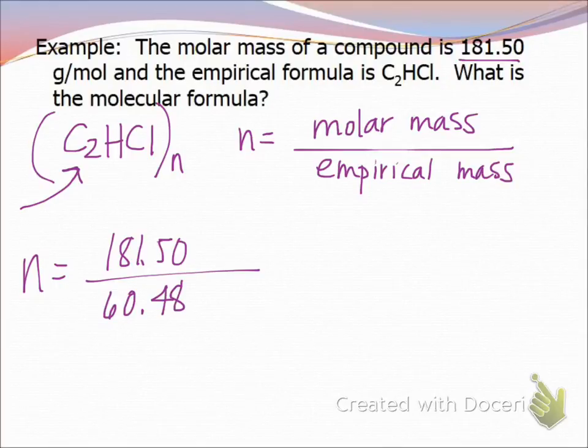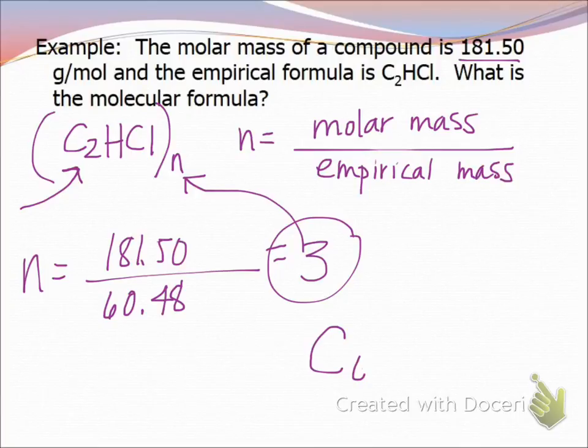And I don't even have to put that in the calculator. What's it going to come out to be? 3. Okay? So now we take that 3 and we plug it in for that N. So then our final formula would be C6H3Cl3. And that would be my molecular formula.